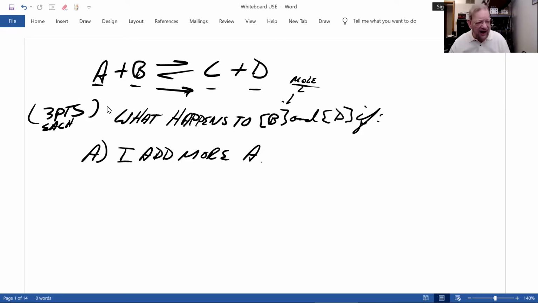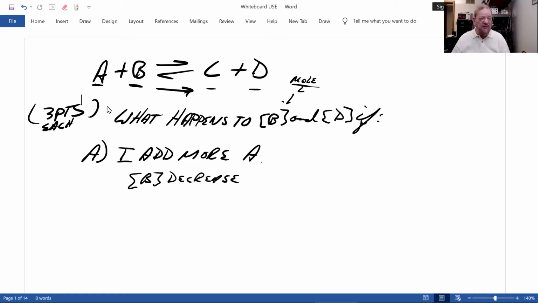When anything reacts, it's consumed. When something is consumed, you have less. So if you want to get rid of the excess A, you react it with B. Therefore, if you react B with A, B is also consumed. So what happens to the concentration of B? It decreases. Just like if you consume half of the pie, you have less.